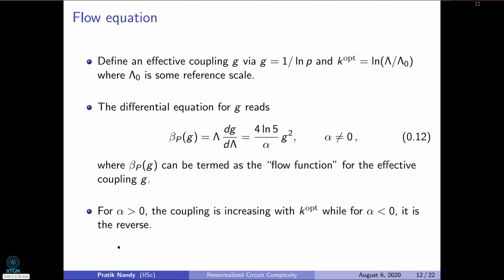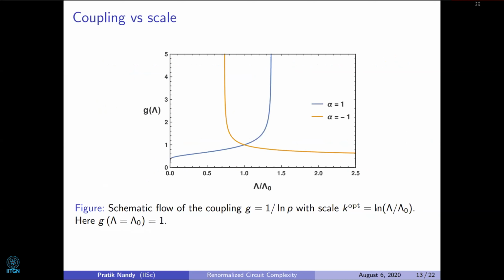For alpha greater than 0, this is just an increasing function of k optimal, and for alpha less than 0, it is just the reverse. We can plot this coupling with lambda, and we see two plots: one increasing and one decreasing, like QED and QCD, similar to what we came across in QFT.